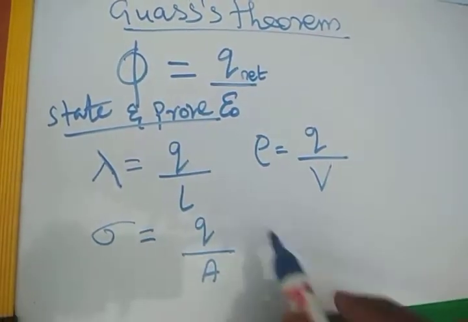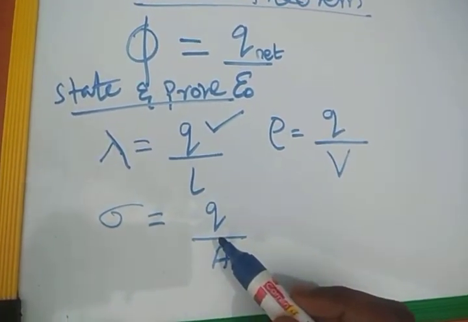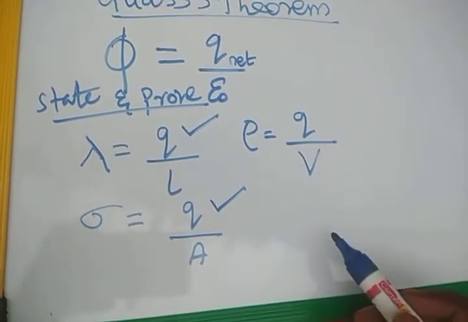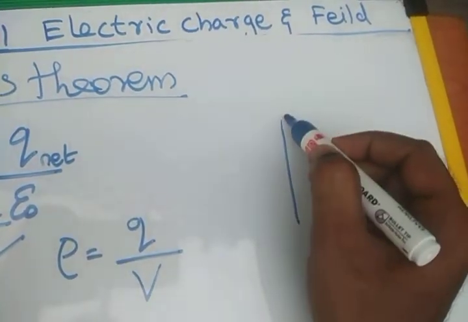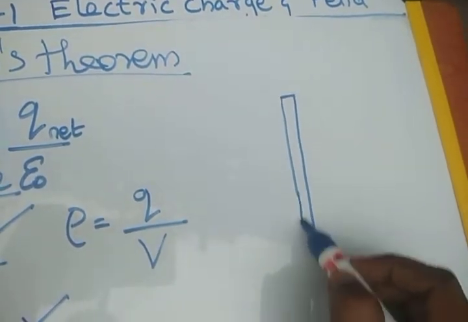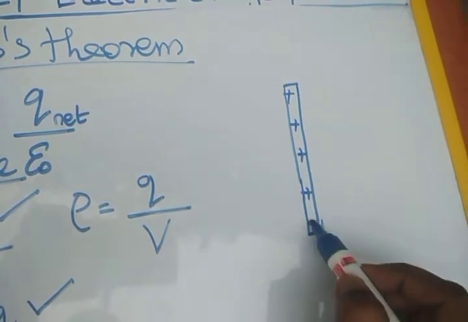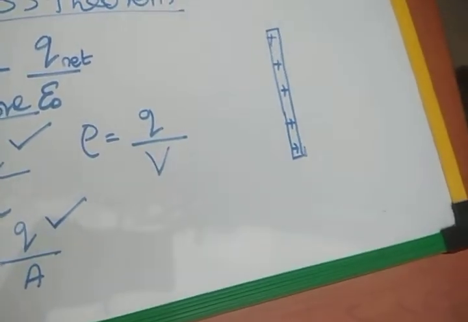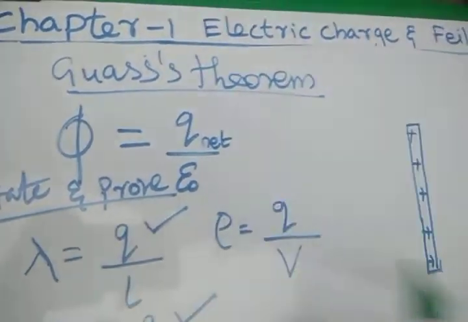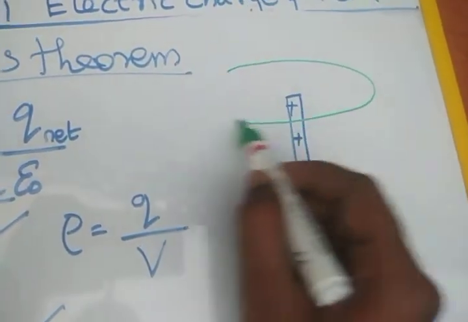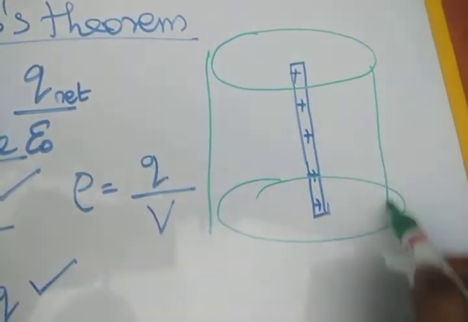By using this, we are going to find the electric field of an infinitely long charged wire and the electric field of a plane sheet. For the infinitely long charged wire, keep in mind this is an infinitely long wire with positive charges. Gauss's theorem is valid only for a closed surface, so we have to draw an imaginary closed surface, a cylindrical surface.